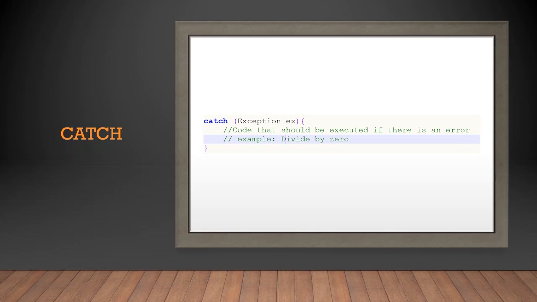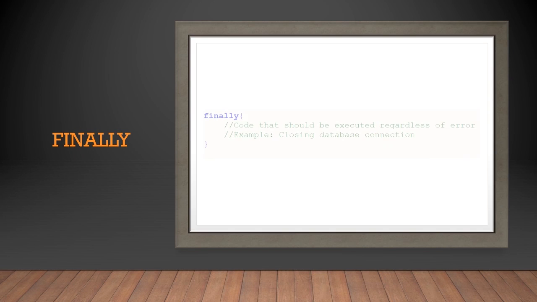For example, when you divide any number by 0, you get an error. You can handle that kind of error in the catch statement. Finally, a finally block of code is executed regardless of having an error. A use case would be closing the database connection. That should be done regardless of having an error.